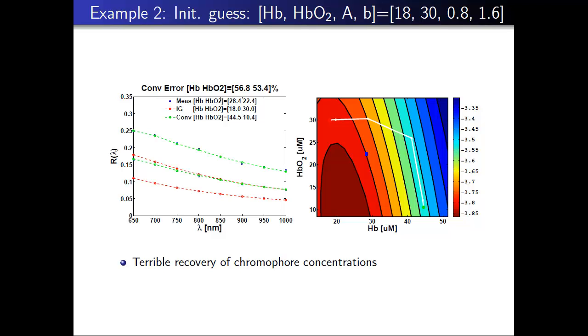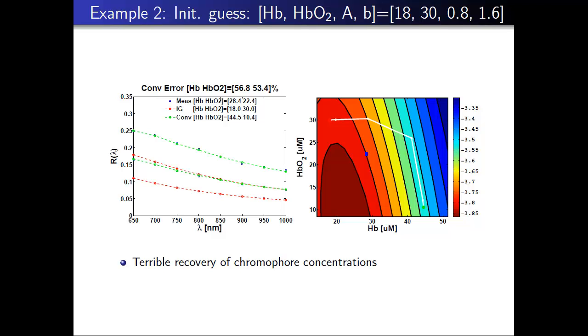So I took an initial guess. Here is the measured, and this is just for the Hb and HbO2. Here's my initial guess for the first 2 parameters. This shows that my recovery isn't very good here. It's terrible, actually, for these.